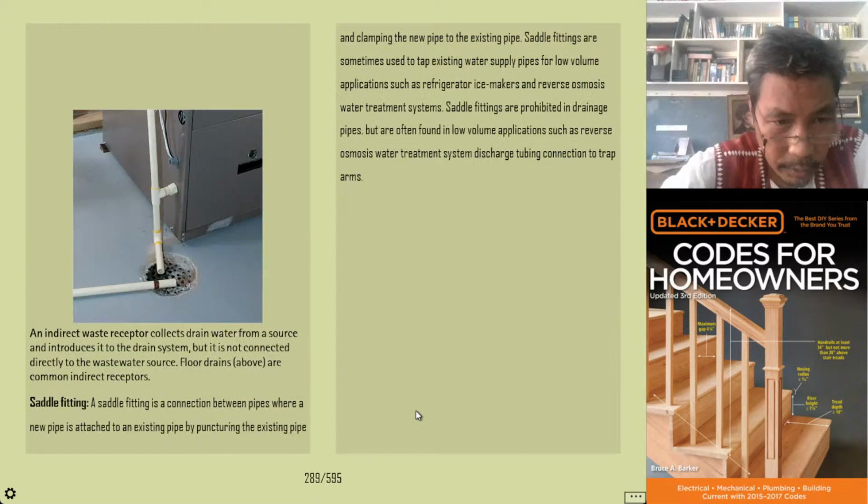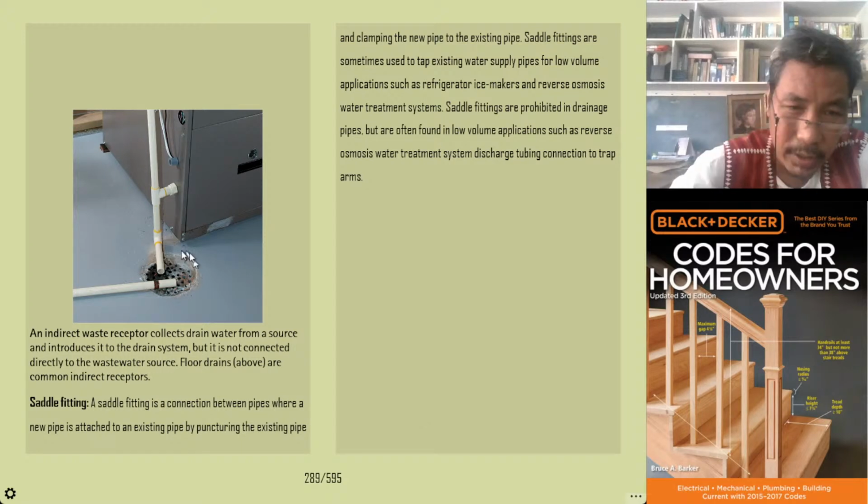So we have the indirect waste receptor. It collects drain water from a source and introduces it to the drain system. So this is a floor drain, and it is an indirect waste receptor.